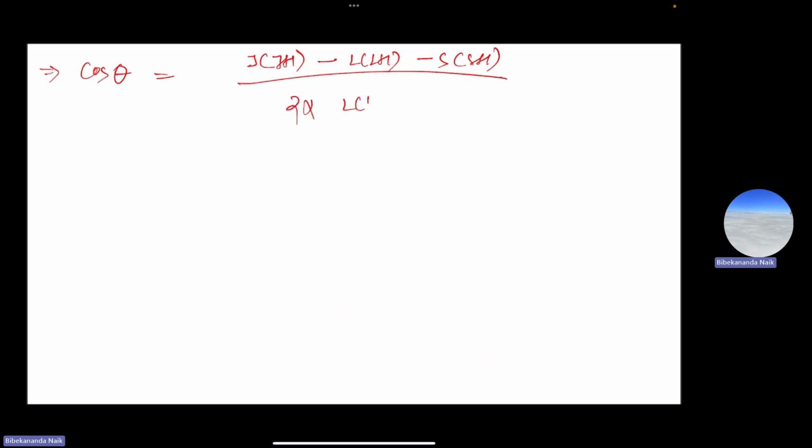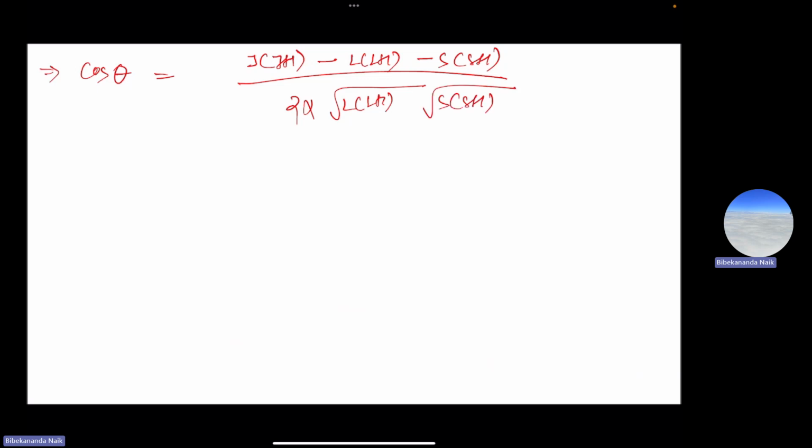So h cross square, both in the numerator and denominator, will get cancelled out. So we will have cos theta equal to J into J plus 1 minus L into L plus 1 minus S into S plus 1 divided by 2 into root over L into L plus 1 into root over S into S plus 1.